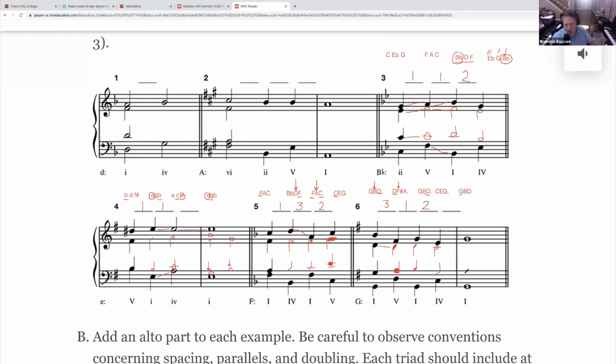So let's try way number 2 again and see if it works. We need a B and a D. How do you want to move? Can you go step down for the B?